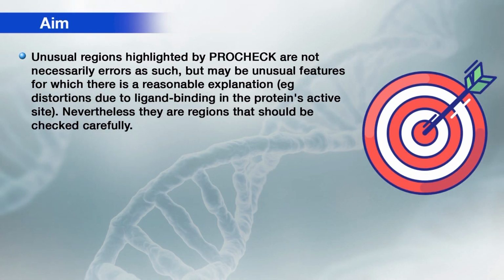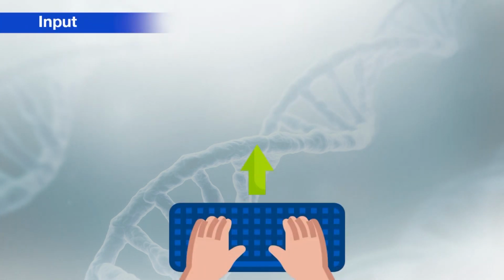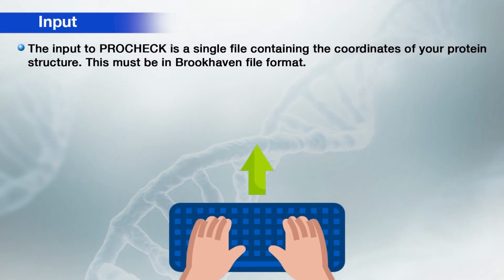Unusual regions highlighted by Procheck are not necessarily errors as such, but may be unusual features for which there is a reasonable explanation, for example distortions due to ligand binding in the protein active site. Nevertheless, they are regions that should be checked very carefully with other strategies. The input to Procheck is a single file, a PDB file containing the coordinates of our protein structure which we have developed through the previous lectures.